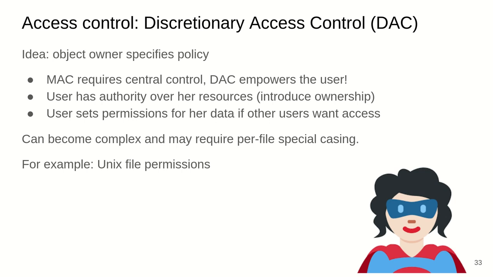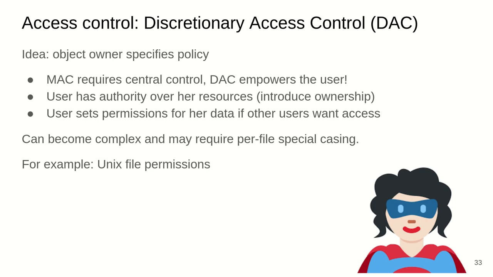For discretionary access control, or DAC, the roles are a bit flipped. The object owner specifies the policy. While MAC requires a central control, DAC empowers the actual user. The user has authority over their resources. So we introduce ownership.